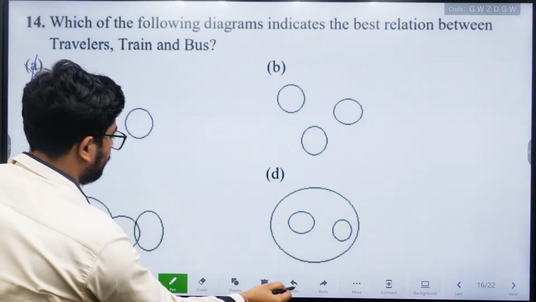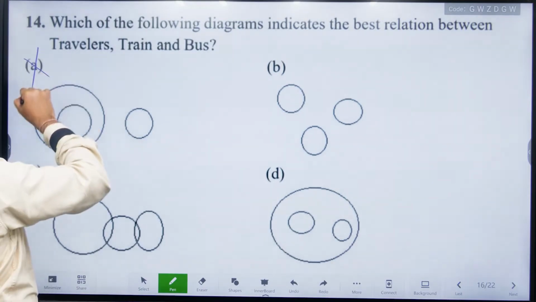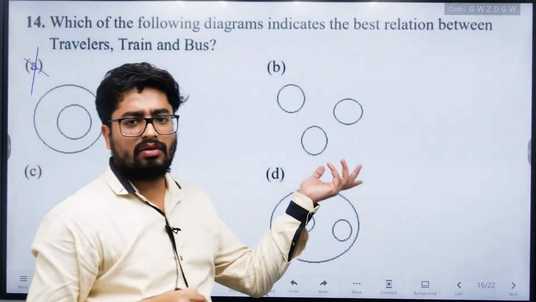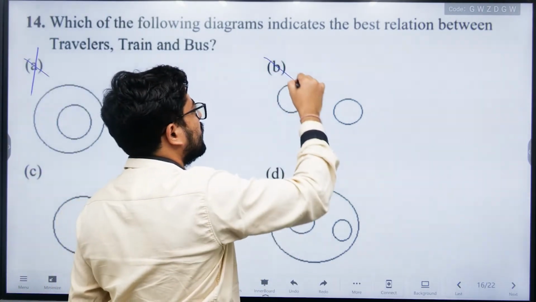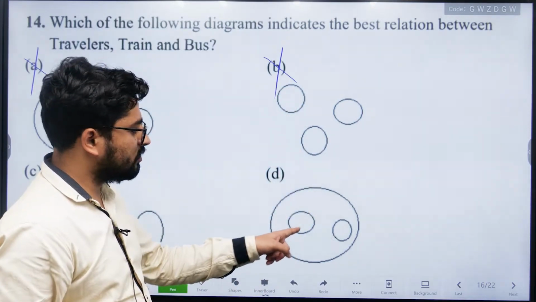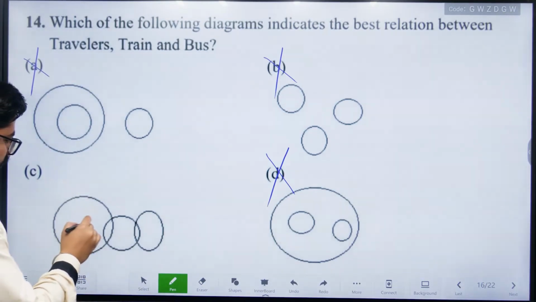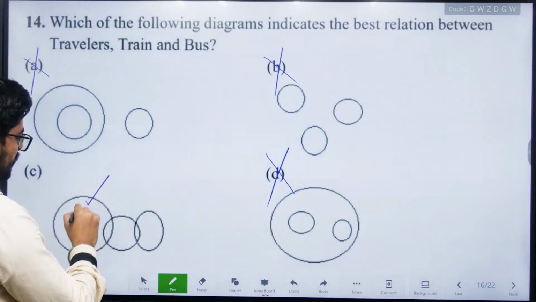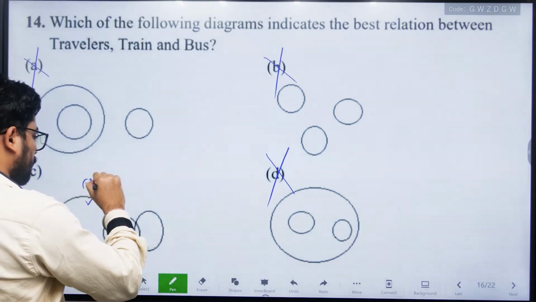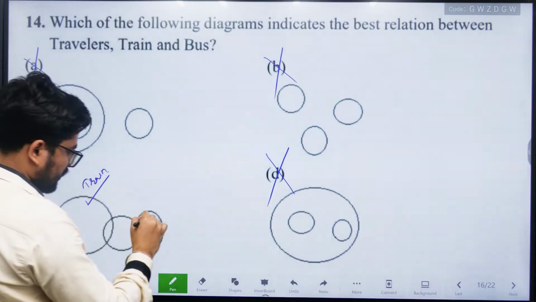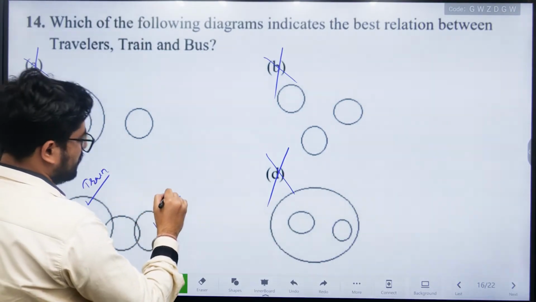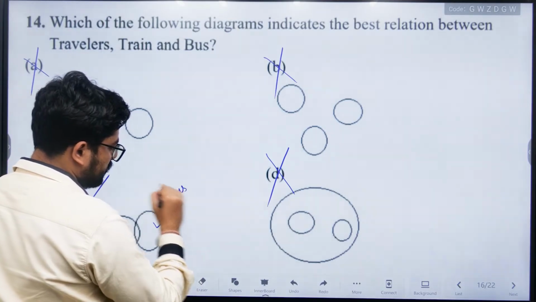Next, in this one all three are disjoint, so this is not the case. What about this one? No. And here, this is the first circle, let's say train, and this is the second circle, let's say bus.